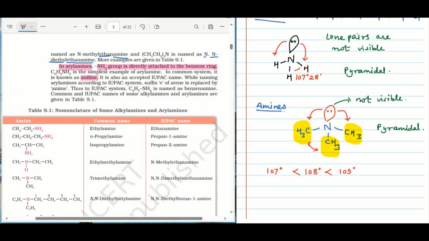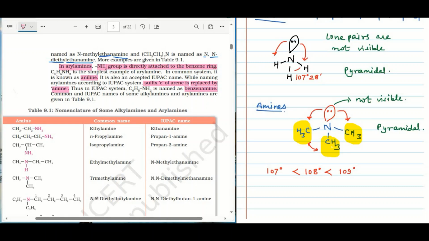While naming aryl amine according to the IUPAC system, the suffix E of arene is replaced by amine. Thus in the IUPAC system, C6H5NH2 is named as benzene amine. Common and IUPAC names of some alkylamines and arylamines are given in table 9.1.